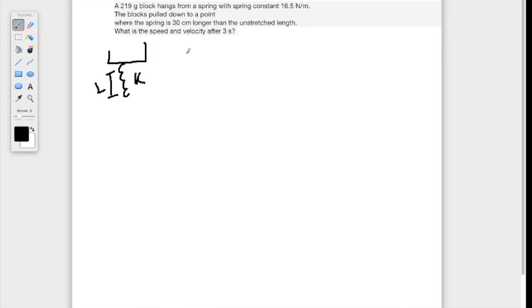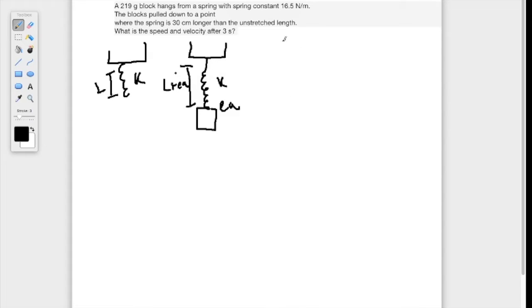and then a 209 gram block is now hanging on it. So basically it's at an equilibrium position. Okay, and then basically this is L plus equilibrium.